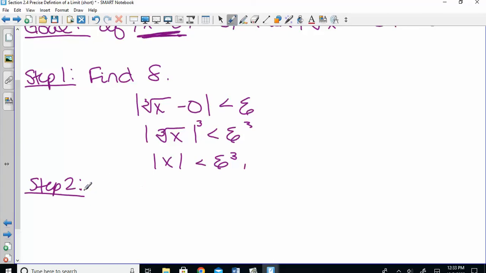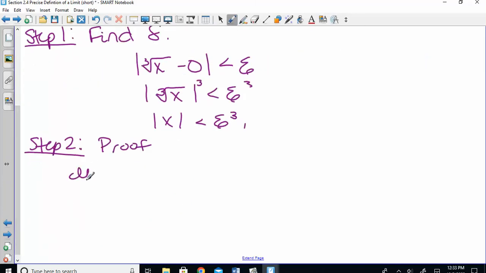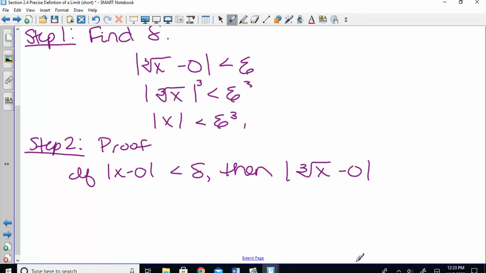All right. So step 2 is the proof. So you have to start out with the definition. And we're going to put all of this part. So if the absolute value of x minus 0 is less than delta, then the absolute value of the cube root of x minus 0. And now I have to work it out until I get a less than and an epsilon within it.